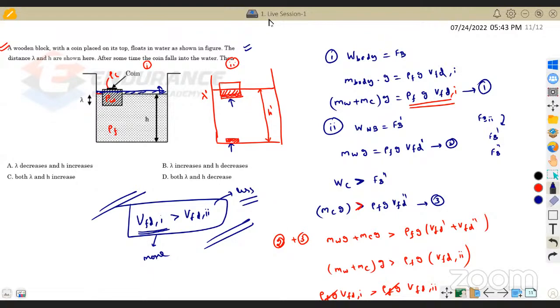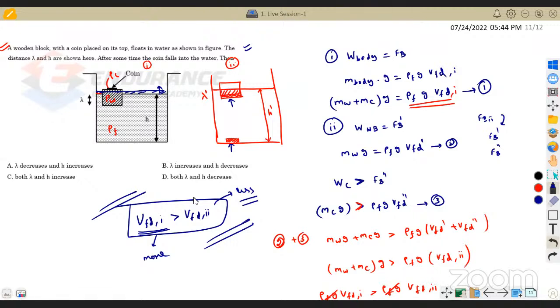Still everyone going with H increases? H decreases. Exactly, Diwakar. So all three of you, whatever you said, H increases is not correct.